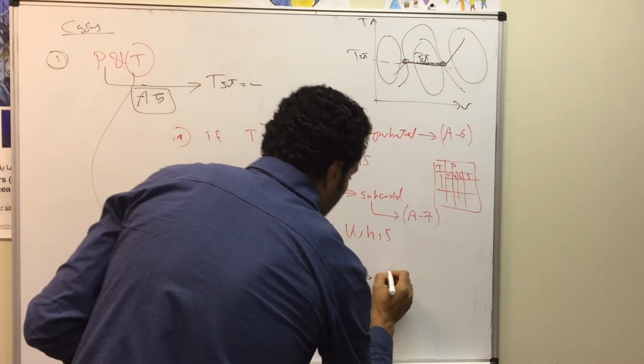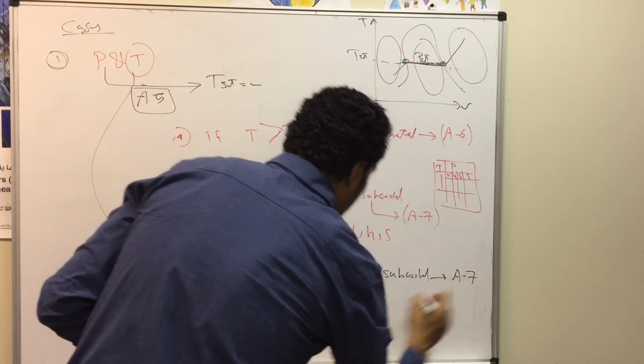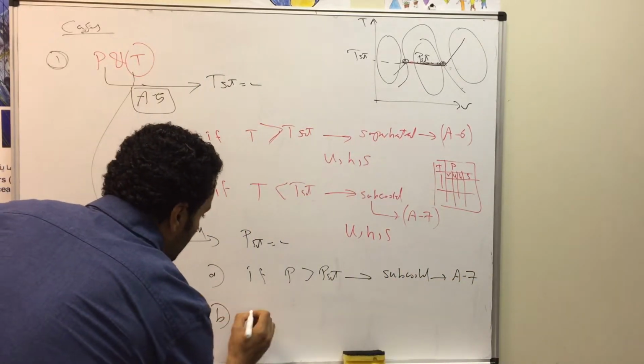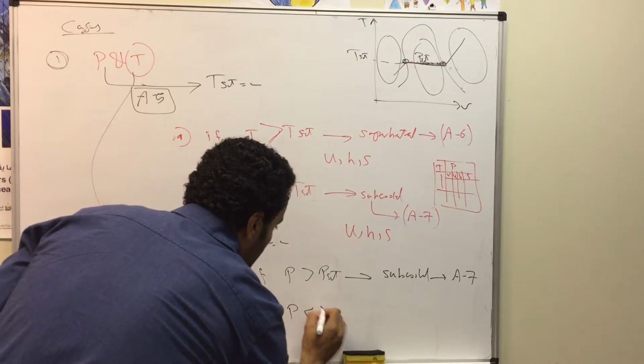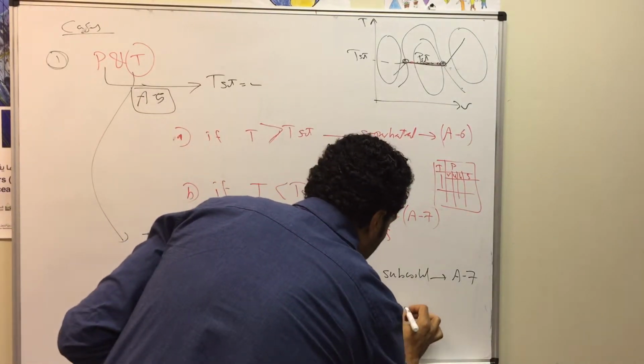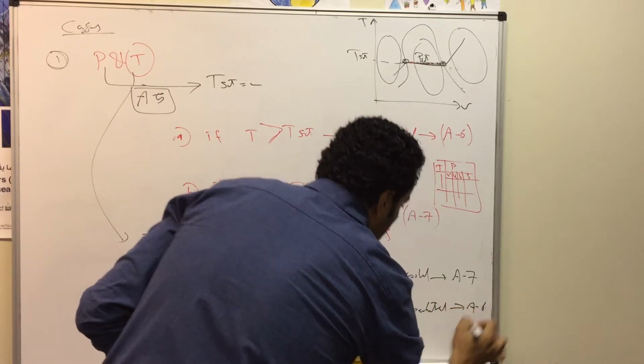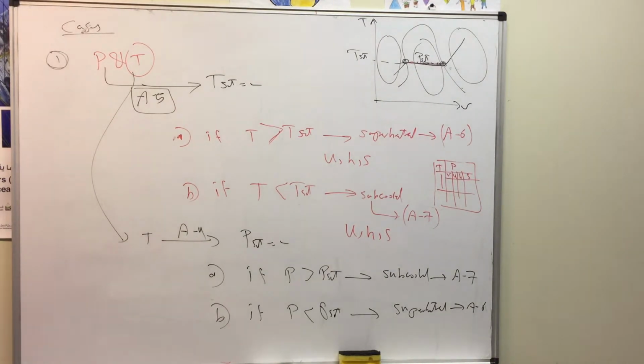The state of the substance will be subcooled, and we have to use table A7. Case B: if pressure is less than P saturation at the given temperature, the state of the substance is superheated, and we have to use table A6. Okay, so this is the case when pressure and temperature are given.